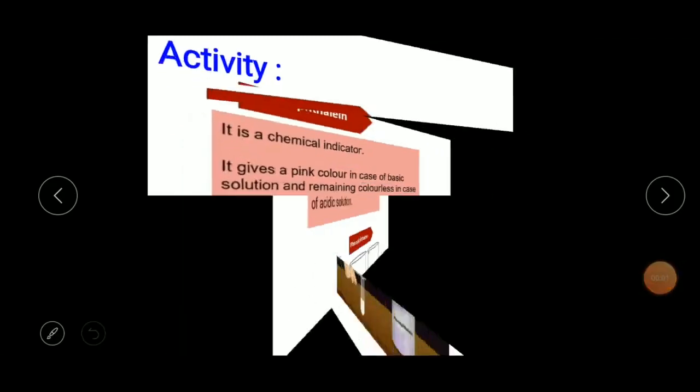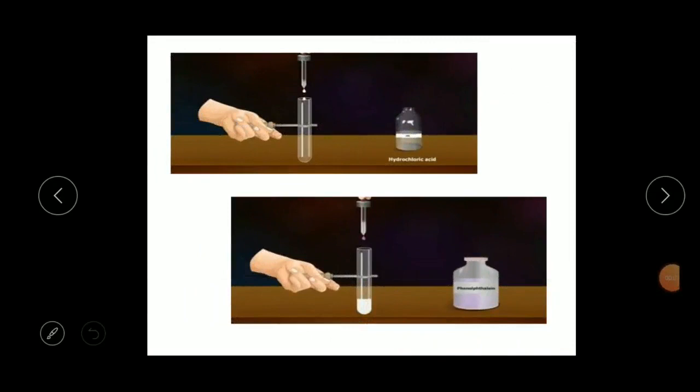Now let us perform one activity to know the process of neutralization. The aim of this activity is to show that when acids and bases are mixed in definite proportions, they give a neutral solution.